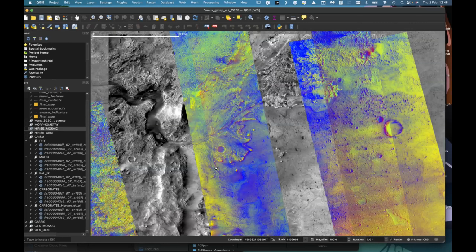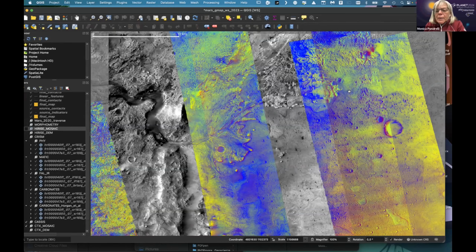Because of course, it's going to be much more difficult to have such information with CaSSIS because it's not a hyperspectral camera, but it has the better resolution, so this can help you to distinguish between these units. I think this is probably the best approach. I don't know what you think, Monica.